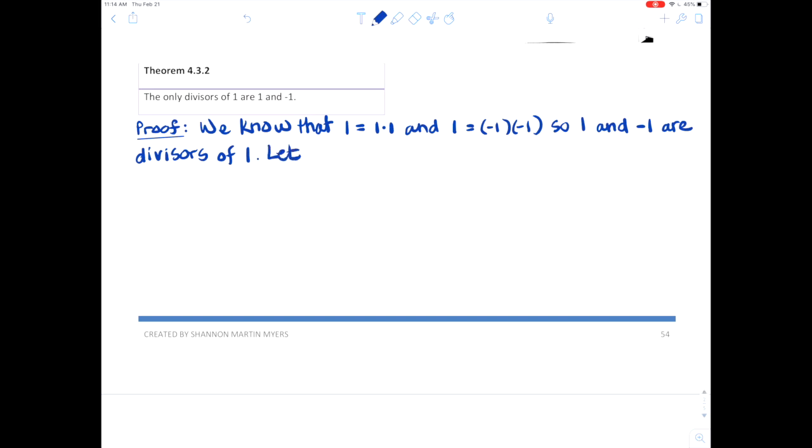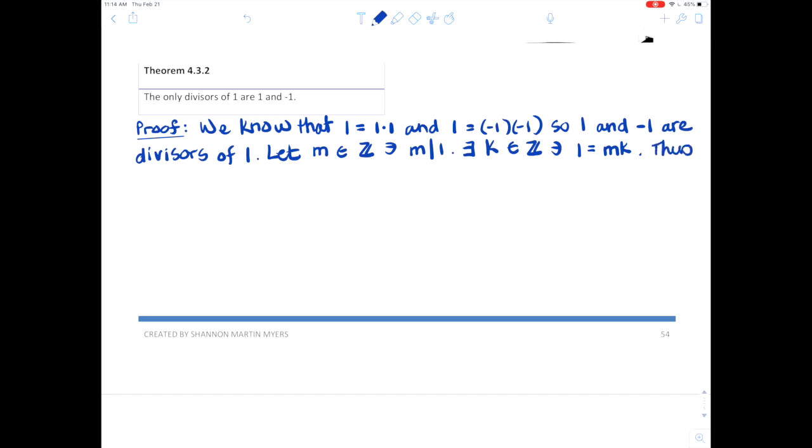We're going to build our stuff. M belongs to the integers, and such that, remember that means such that, M divides 1. So we're supposing that M is an integer that divides 1. So, if that's the case, there's got to exist some k that belongs also to the integers such that 1 is equal to M times k.